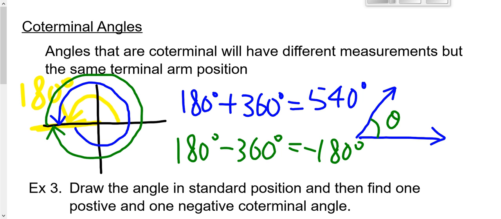So if you want, you can do the Math 10C stuff: construct an angle with 180 degrees, and then construct another angle with negative 180 degrees. They would all end up at the same spot. Same thing here. Construct an angle with 180 degrees, and then an angle with 540 degrees. They would end up at the same spot, with the same terminal arm.